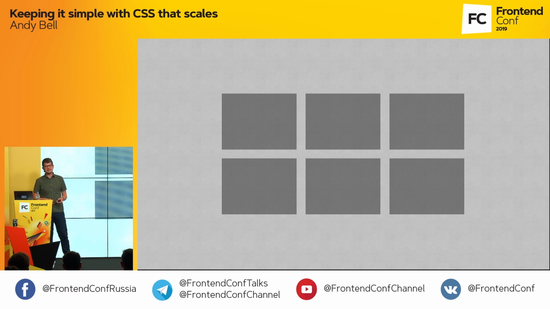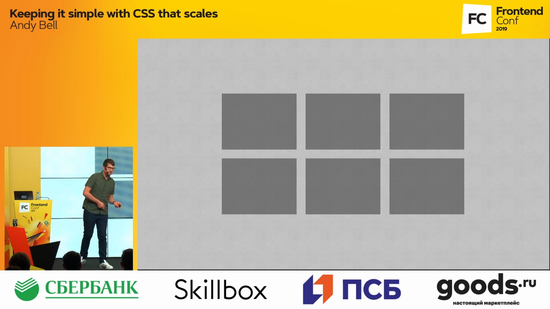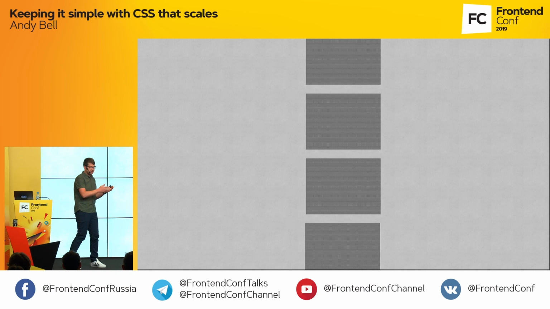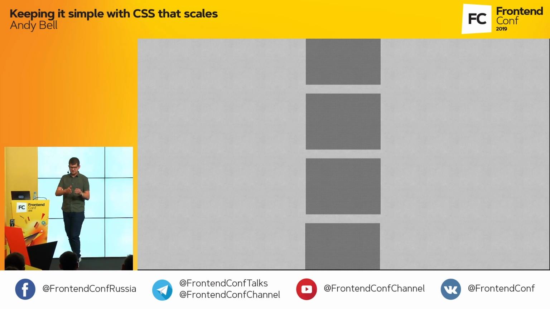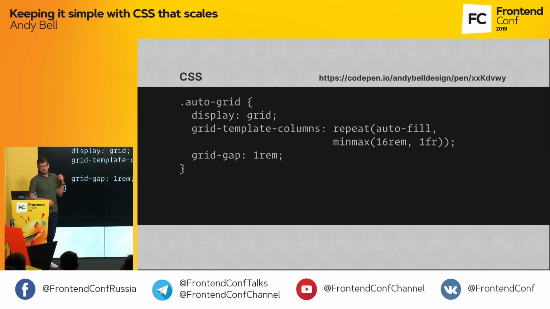But what I propose instead is that we simplify the problem, find a sensible baseline experience, or what I like to call a minimum viable experience, and then implement it. So this is what I think the minimum viable experience is. It's neat stacked boxes that have got a controlled width on them to make sure they don't look silly and bleed out too far. So then this is how we build it.